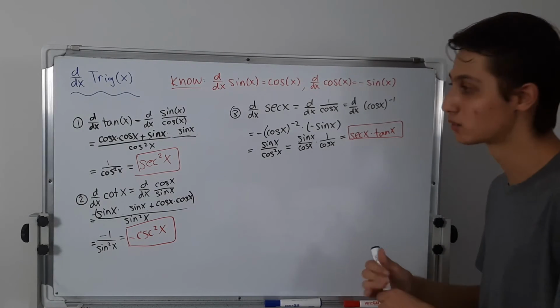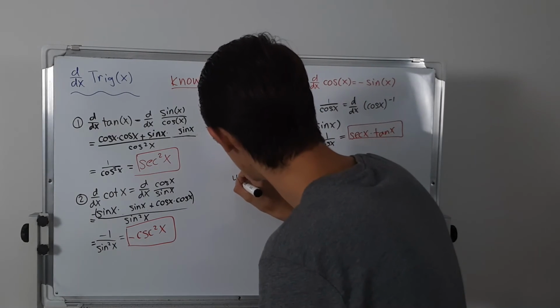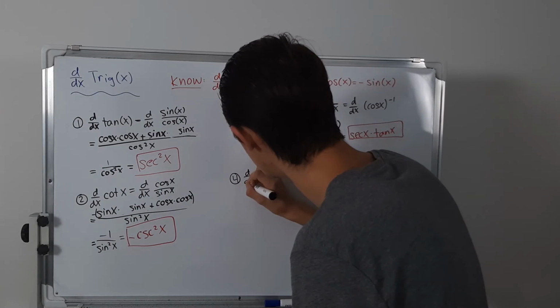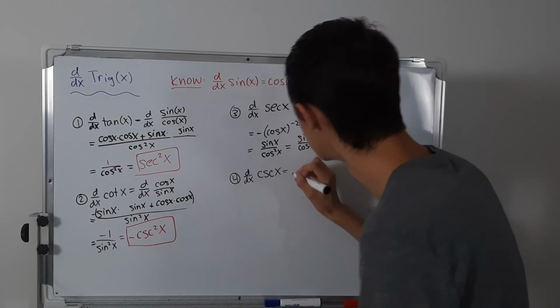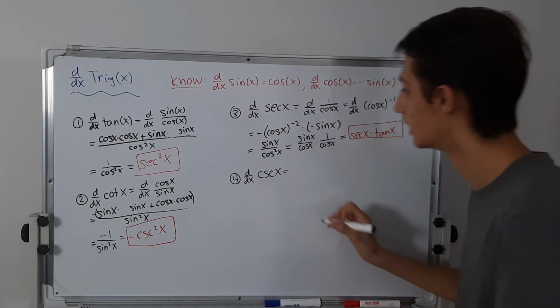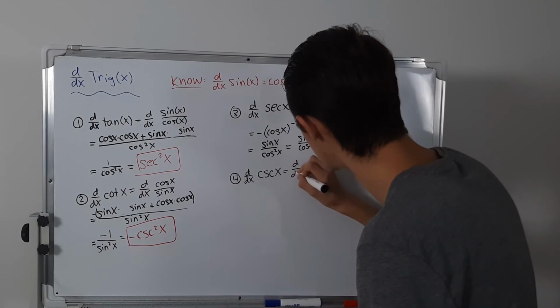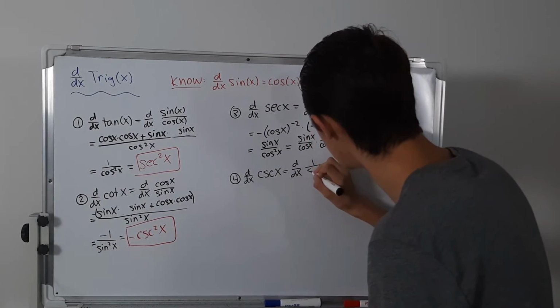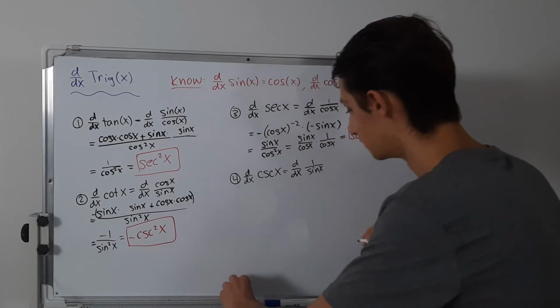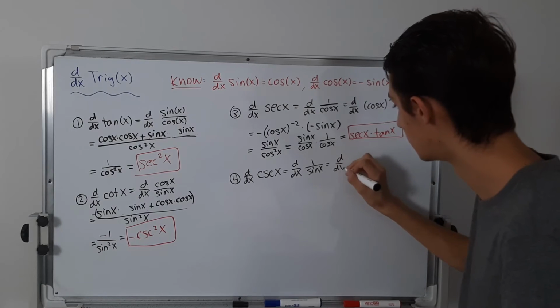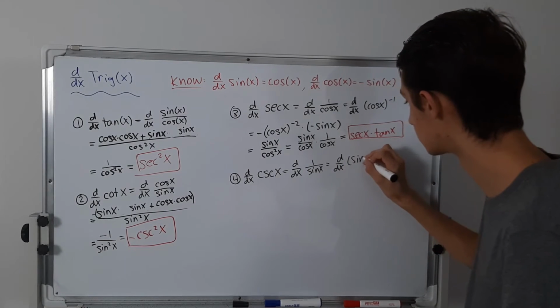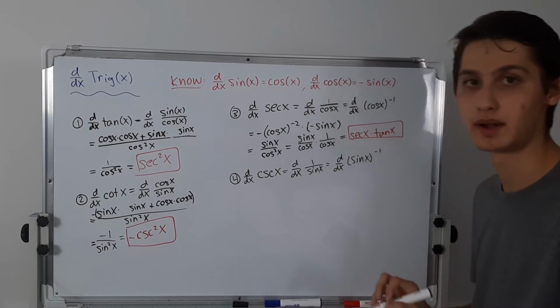So the last one we have is the derivative of cosecant of x. Same process. We're going to say it's the derivative of 1 over sine of x, and this, again, we can say it's the derivative of sine x to the -1 power.